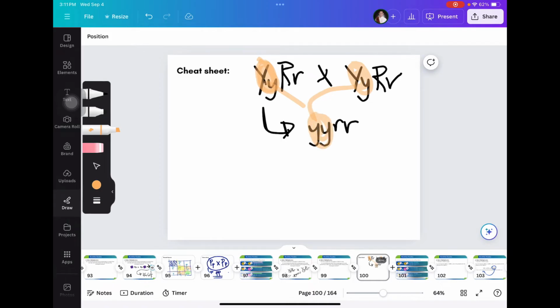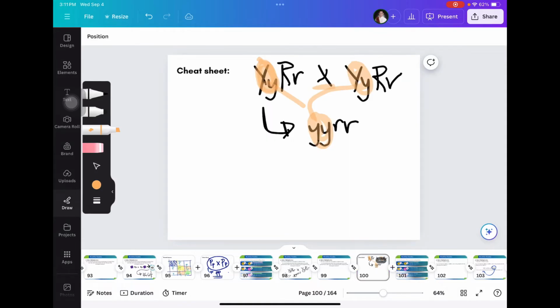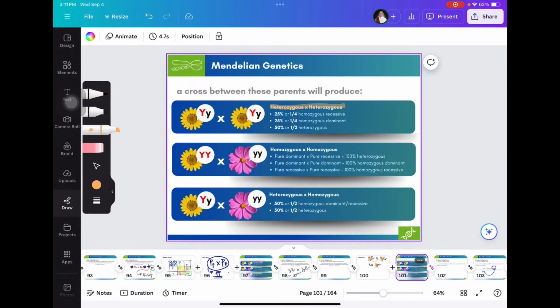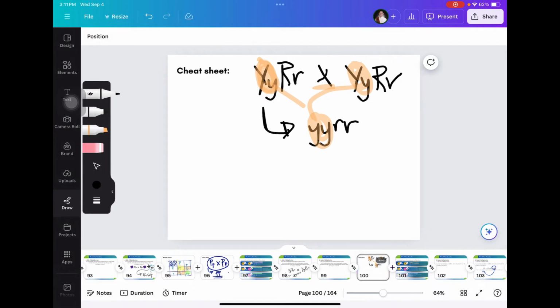Let's look at our cheat sheet. So we should be looking at this data because both of our parents are heterozygous. And we are looking for the probability of homozygous recessive, which is technically this one, right? So for this alone, we have 1/4 or 25% chance.